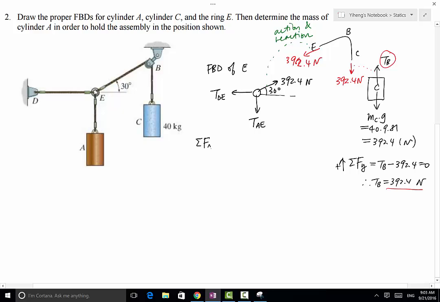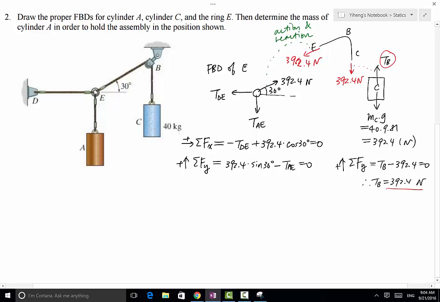Summing the force along the x direction, positive to the right, equals negative TDE plus 392.4 times cosine 30 degrees equals 0. The resultant force along the y direction, up being positive, equals 392.4 times sine 30 degrees minus TAE, and that equals 0.